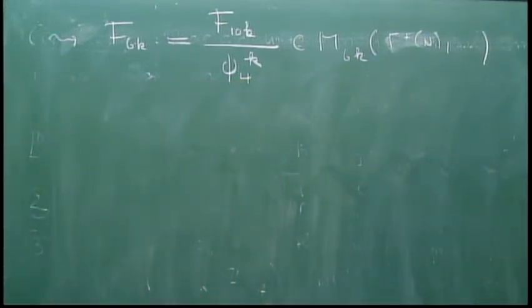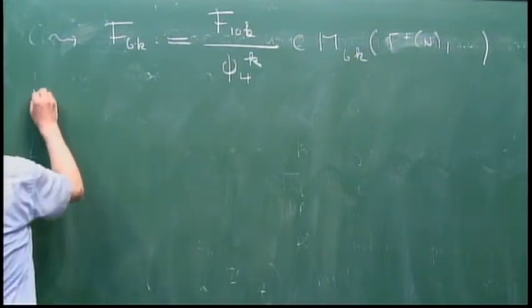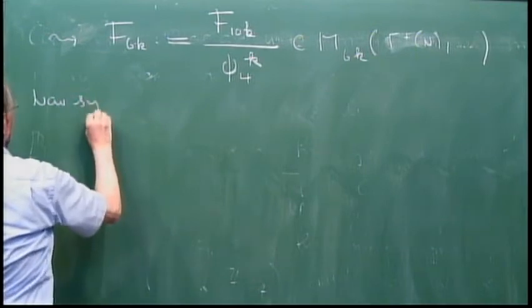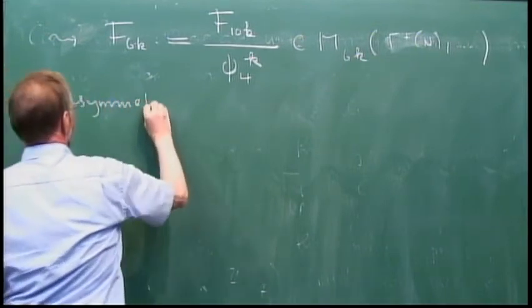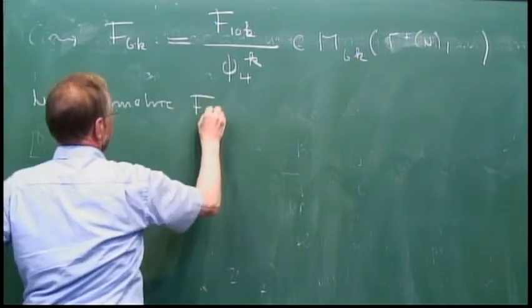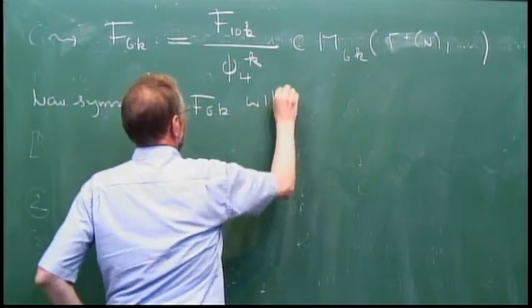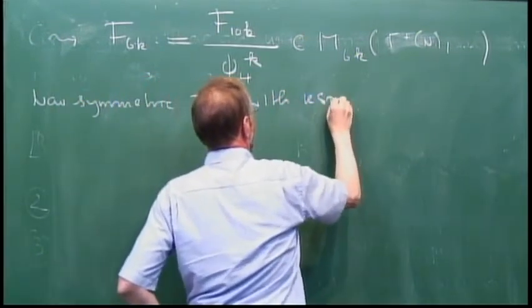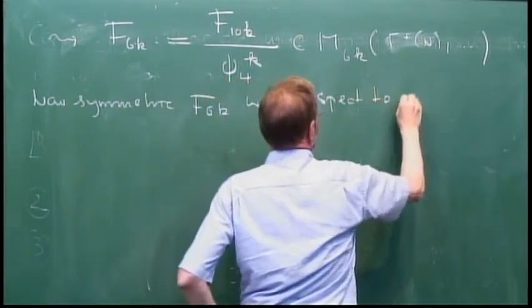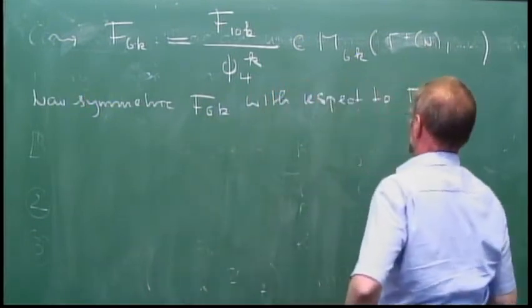Now the next thing which we do is symmetrize F6k with respect to gamma plus.